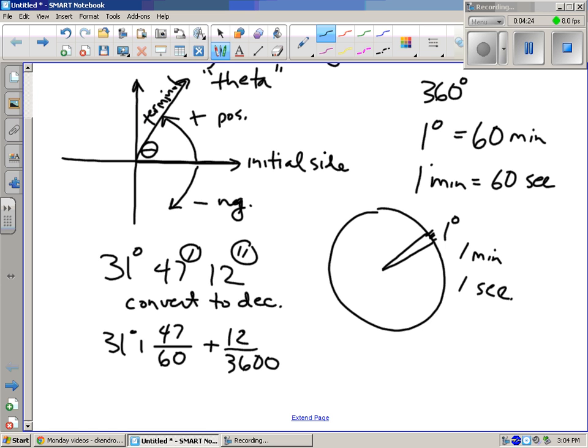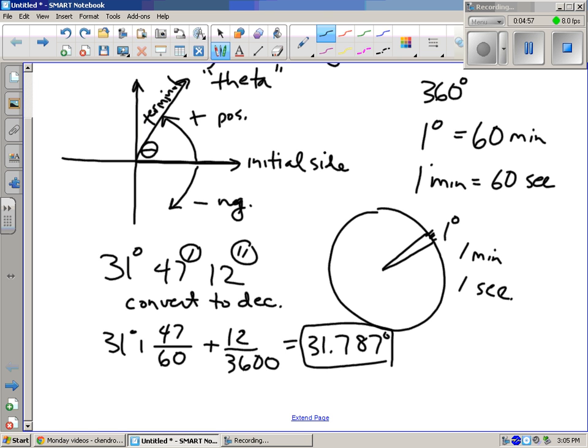So multiplying that out and adding the decimals together, I get, nope, I need to go back a little bit here. All right, so adding all those up, I get 31.787. Now I rounded that, but that's how many degrees it would be if it were in a decimal.